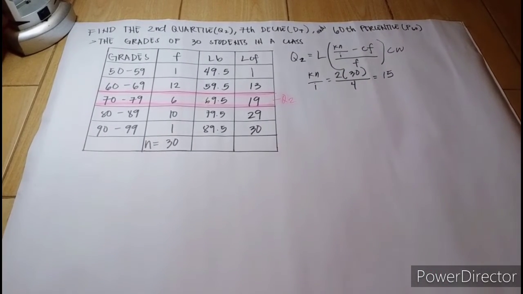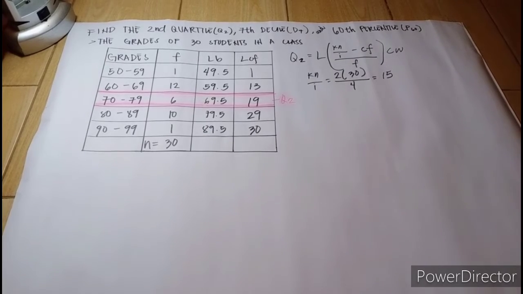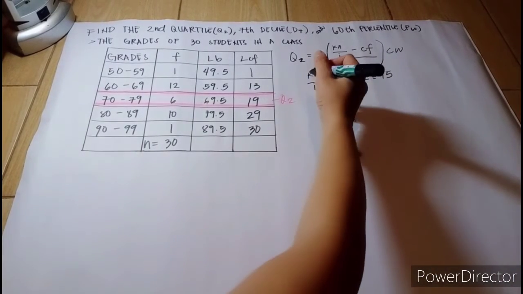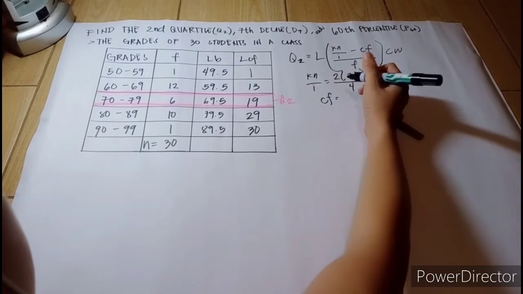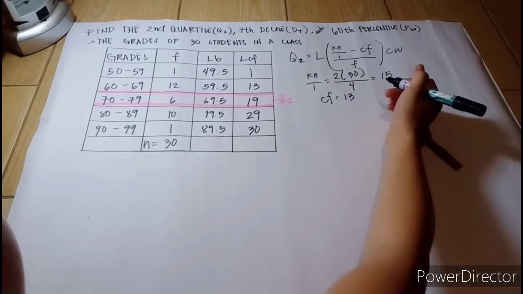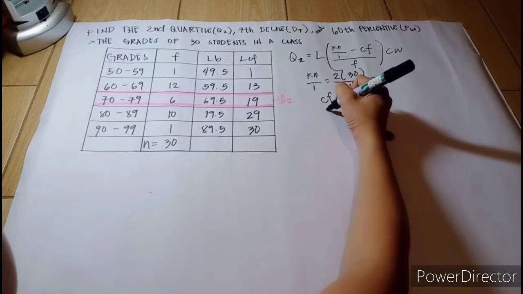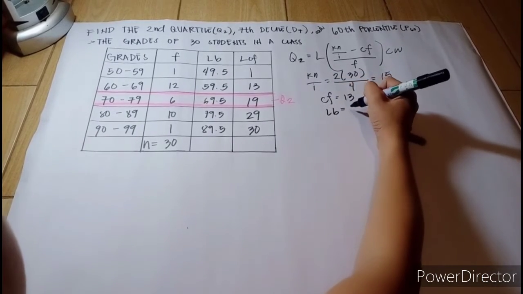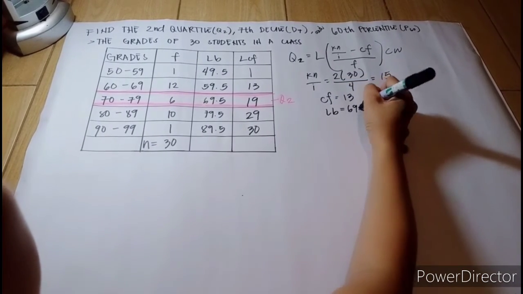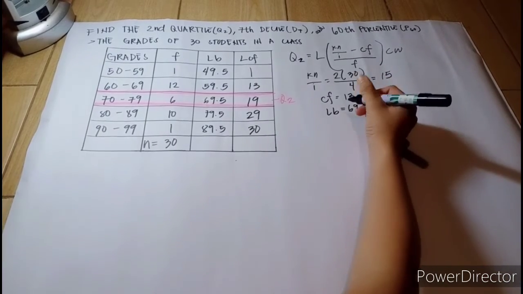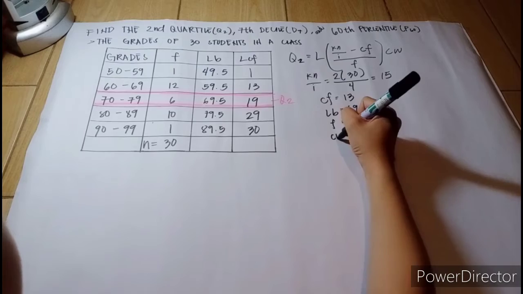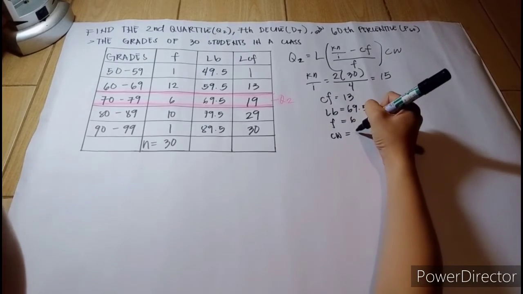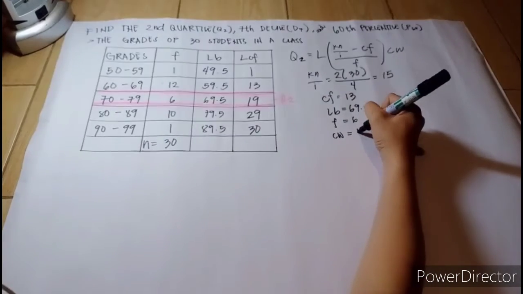Our CF is 13 because it is the preceding one. Our lower boundary is 69.5. Frequency is 6 and CW is 10.